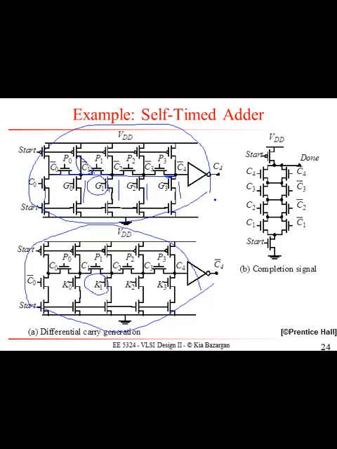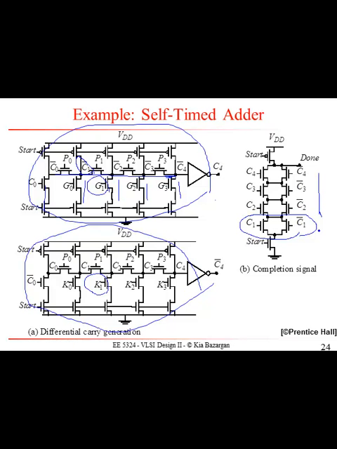And if you look at the done signal, here I'm ORing C1 and C1 bar to make sure that C1 is evaluated, but I'm ANDing all of these to make sure that every single one of these C signals has been evaluated, and that means that I'm done.